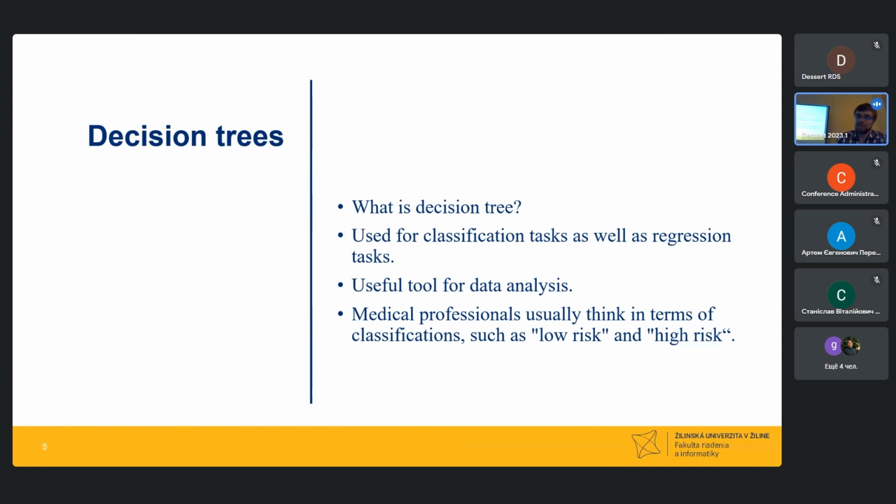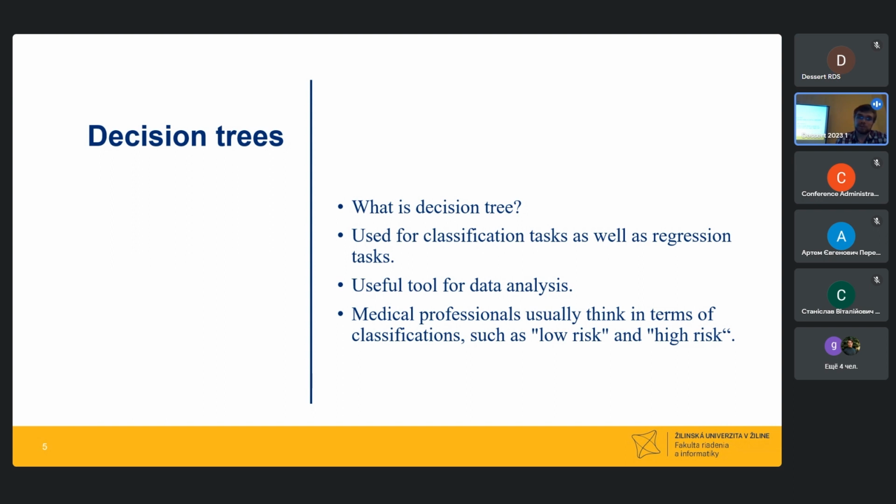And to say more about decision tree, it's a non-parametric supervised learning algorithm, which is used for classification task as well as for regression task. It's useful for data analysis.